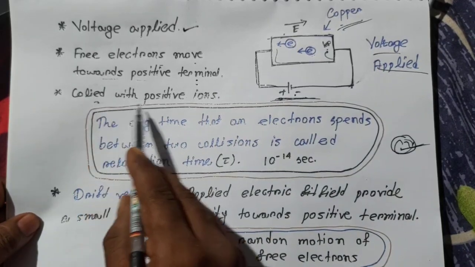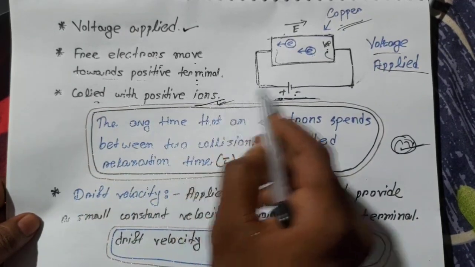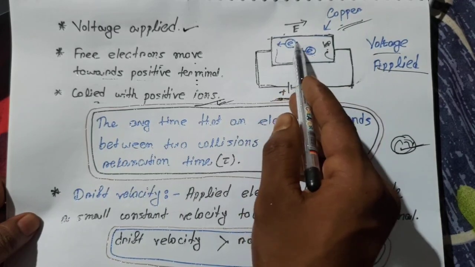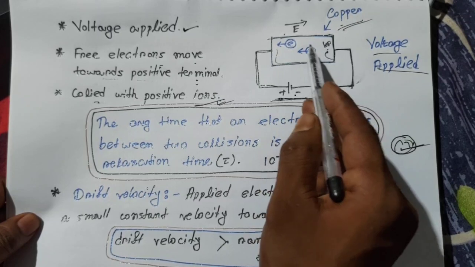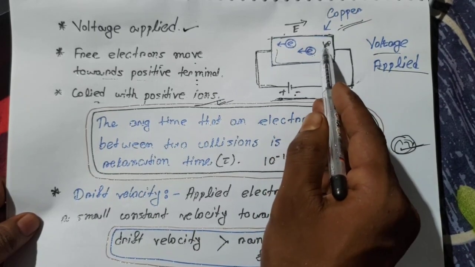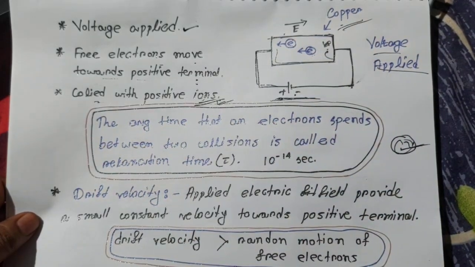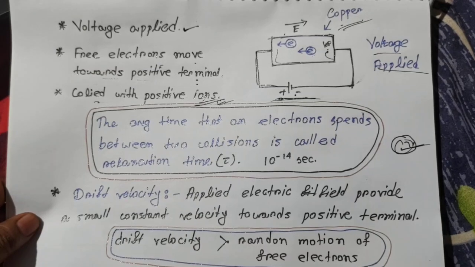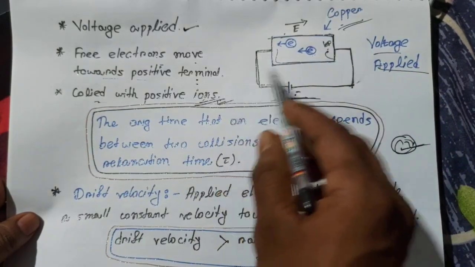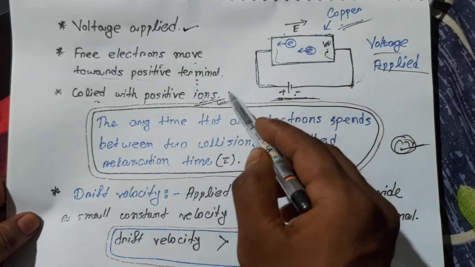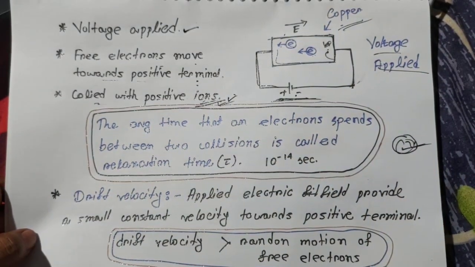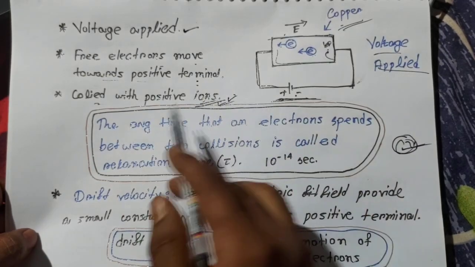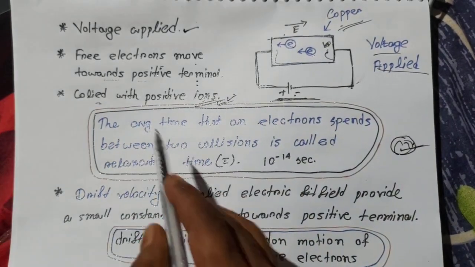So they collide with positive ions. We know that these electrons are continuously colliding with each other, as well as with positive ions. So now with voltage applied, they are again colliding with positive ions.